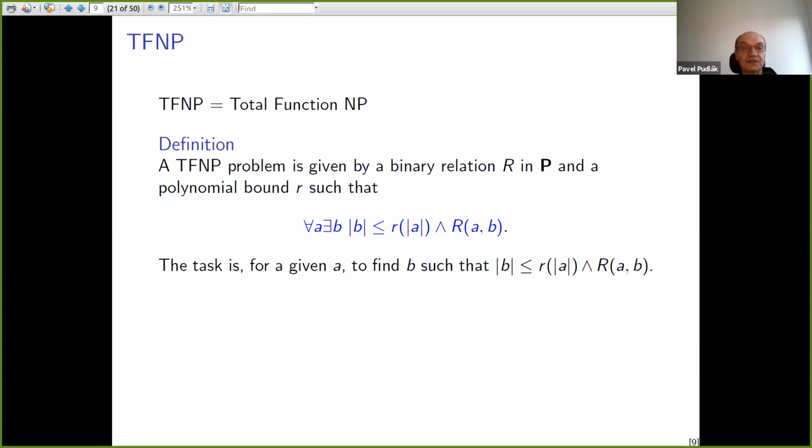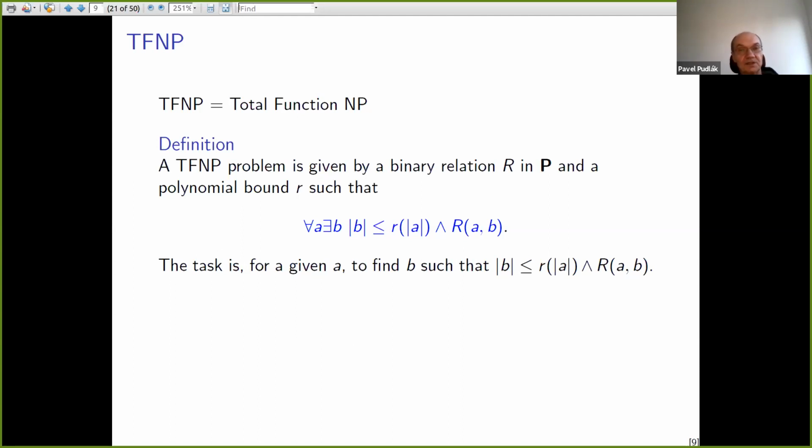That is, for every a there exists b, which is at most polynomially longer than a, such that it satisfies the relation. This polynomial bound is given just to be quite precise, but typically the polynomial bound is already implicit in the relation R. So I will often omit this polynomial bound and talk only about the relation.